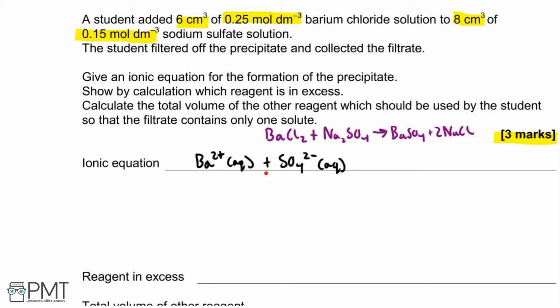These form barium sulfate, which is a solid, as it is our precipitate. So now that we have done this, that is our first mark, we can move on to calculating the reagent in excess.